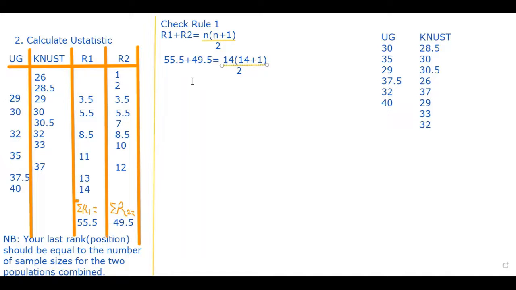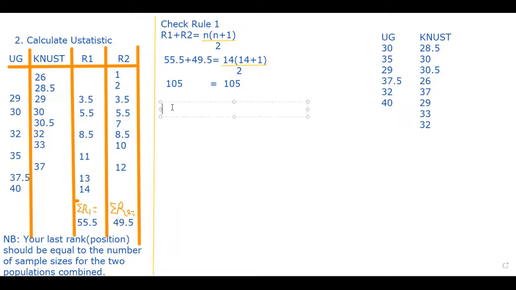So 55.5 plus 49.5 gives us 105. 105, and the one on the left hand side also gives us 105. Okay, so we are on track. You have to check. Use this rule, this formula here to check to see if you are on track. If not, go back to rectify your mistakes. Other than that, you are doing well. Okay, good. So we will have another check rule after we solve our U.